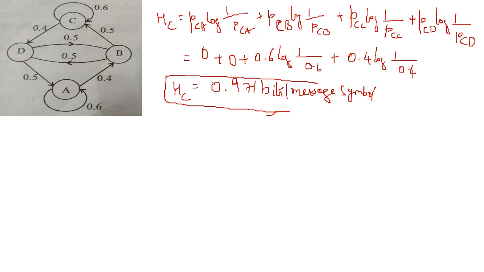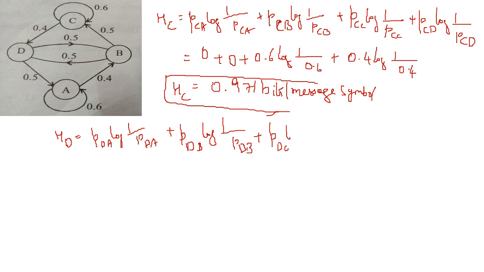Next is HD. So HD is equal to PDA log 1 by PDA plus PDB log 1 by PDB plus PDC log 1 by PDC plus PDD into log 1 by PDD. We'll substitute the transitional probability mentioned in the graph.